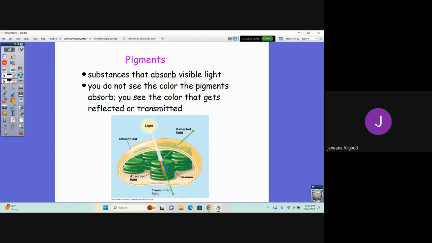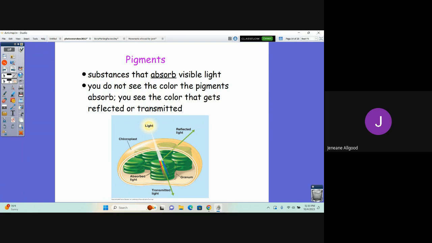Okay, and so what you're going to see is that green is a wavelength of light that a lot of our pigments don't absorb very well. And so because they don't absorb the green light very well, that green light gets reflected, and that's why most plants appear green.